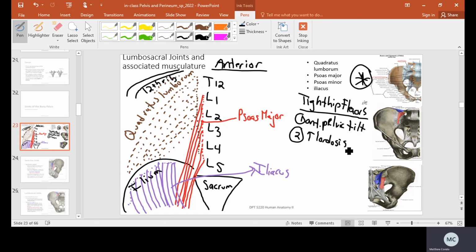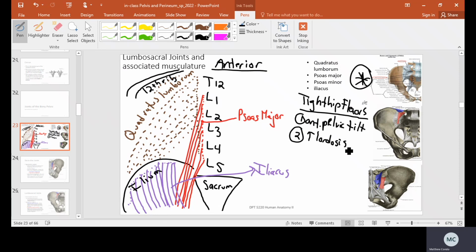If I have psoas major originating off of the anterior aspect of the transverse processes of L1 to L5, and it inserts into the lesser trochanter of the femur, if that muscle gets short, two things can happen. One is I can bring my femurs up to my lumbar spine, shortening my quote hip flexors here. Agreed?